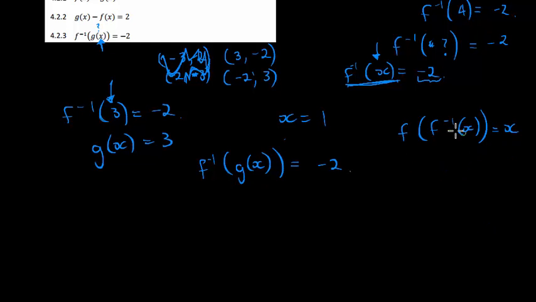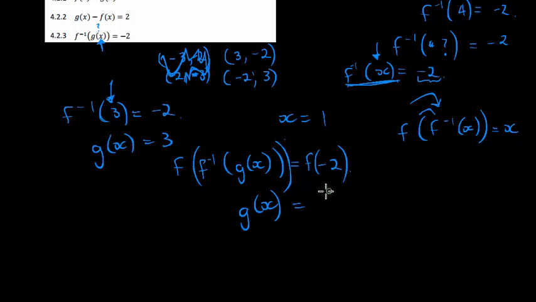This is the definition. If I put the answer of my inverse into my original function, I'll get my first function. So if I take f of this on both sides, it's almost like they're cancelling one another out. Now I just have g of x is equal to f of negative 2.